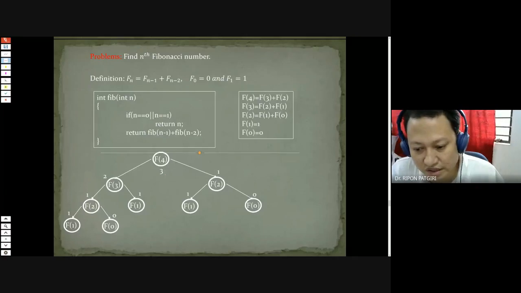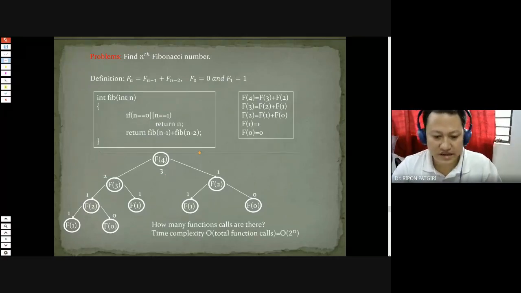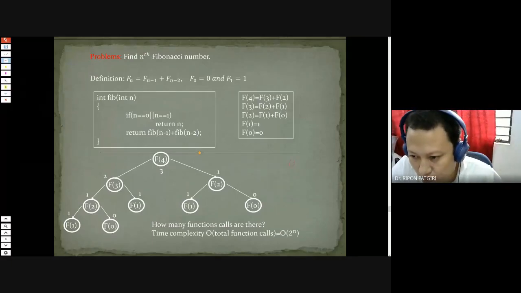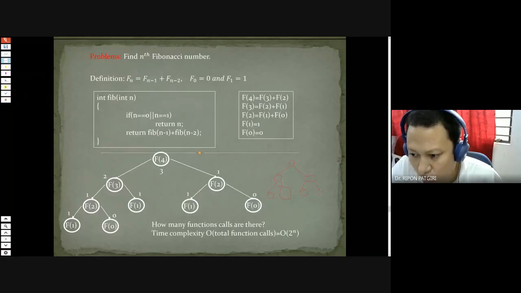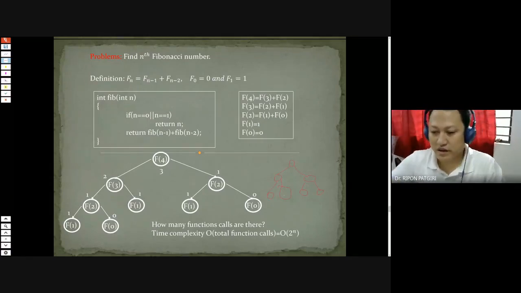Why 2 raised to the power n? How many function calls are there? Here, say for 3, this is one node, this is the next node, and this is the next node, and so on. Say for example this is 3 and its height goes on.